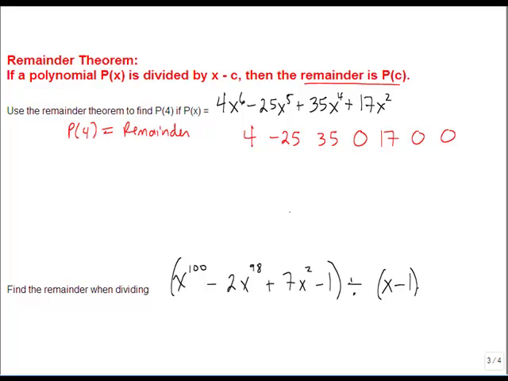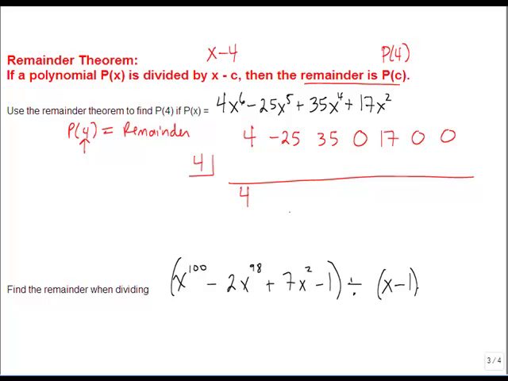Now, if I want to find p of 4, then up here, remember that's asking for p of 4. What must I have been dividing by? X minus 4. So the little number that we're going to put in our box is exactly the number that we would have substituted in. So I'm going to use 4 in this little box. So let's do our little substitution.